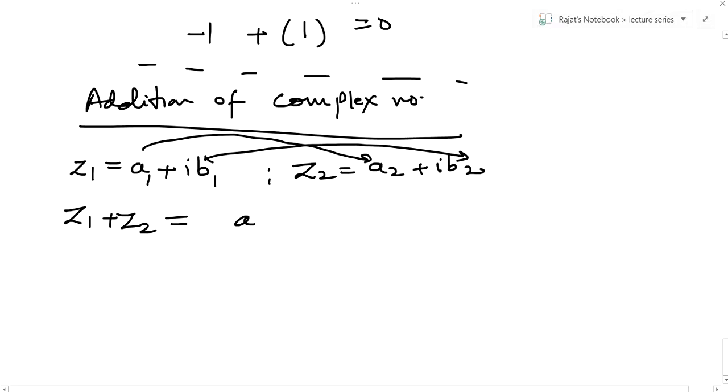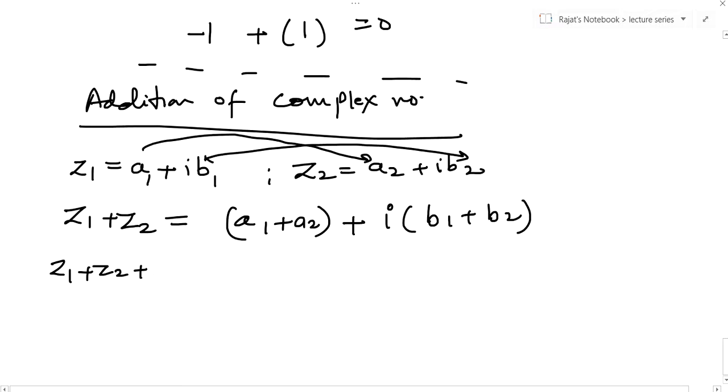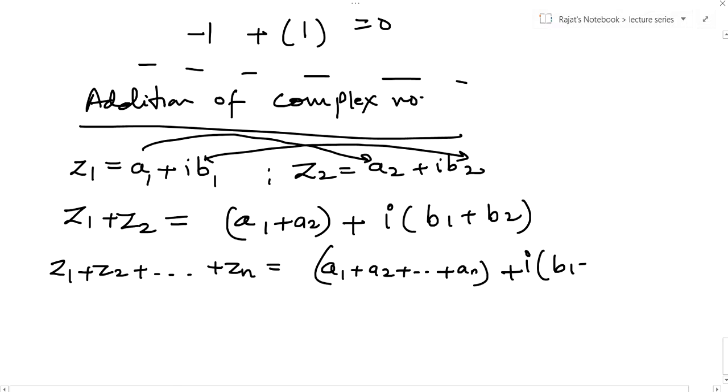So z1 plus z2 will be a1 plus a2 plus i times b1 plus b2, and you can extend this to any number of complex numbers. z1 plus z2 plus up to zn will be equal to a1 plus a2 plus up to an plus i times b1 plus b2 plus up to bn.